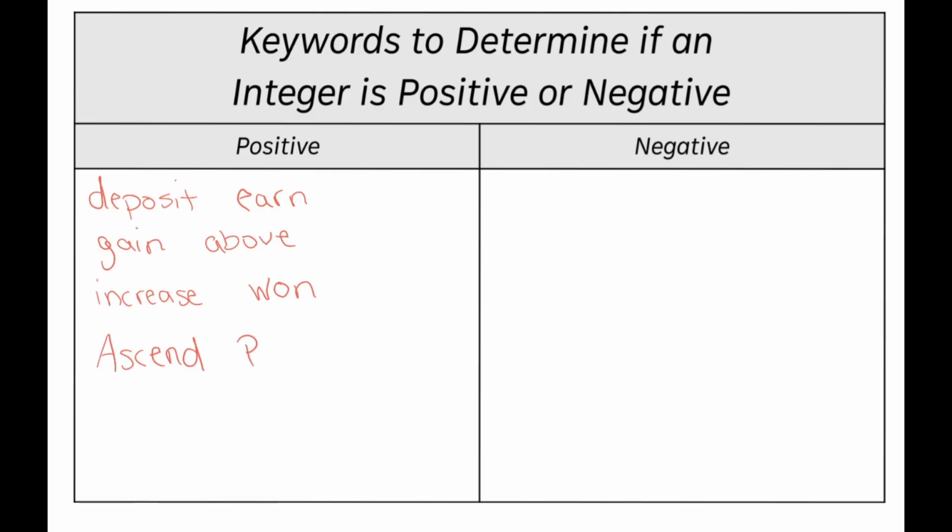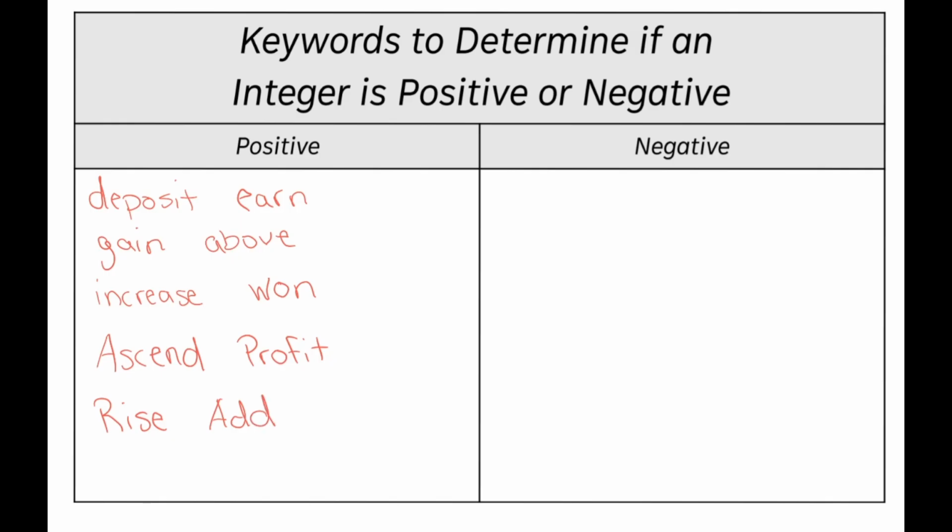Profit. This is another word. Profit. When your business earns a profit, that is a good thing. Rise. When temperatures rise, they increase. The temperature goes up. That reflects positive. And then add.